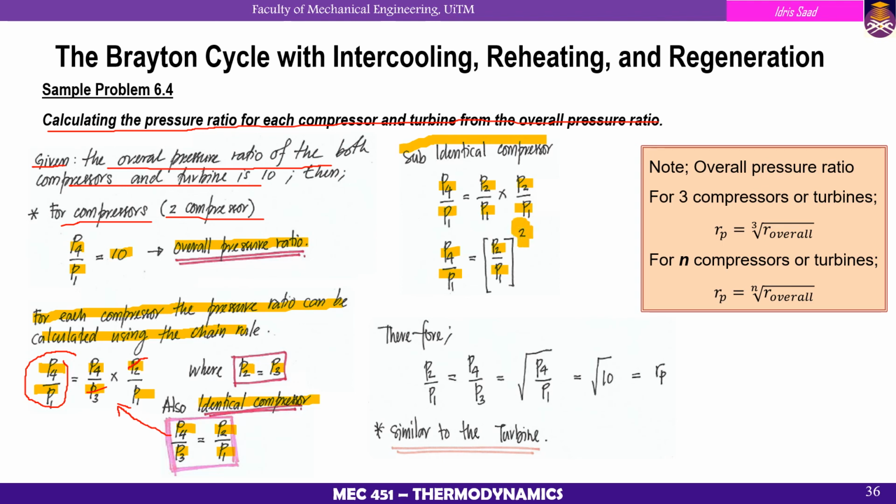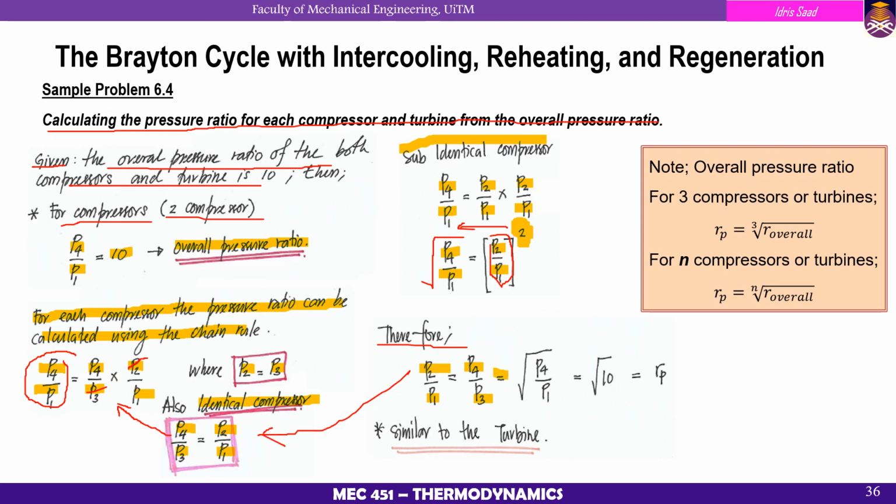Now what we want is P2 over P1, so we change the power of 2 into a square root. Therefore P2 over P1 is also equal to P4 over P3, as we see from this equation.